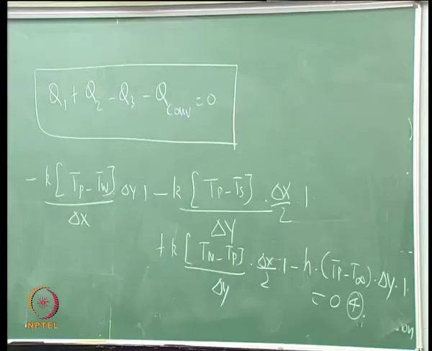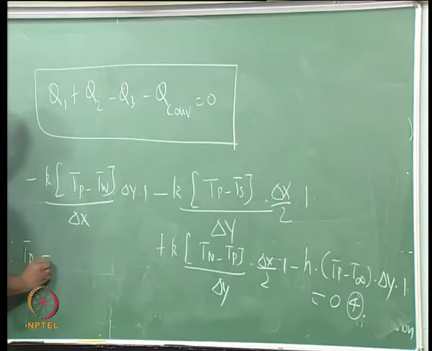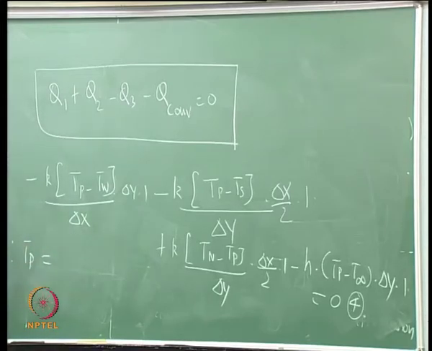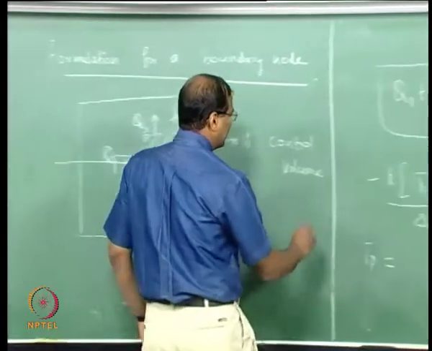Now I leave it as an exercise to you, you can collect all the terms and write an expression for Tp. Let delta x be equal to delta y.